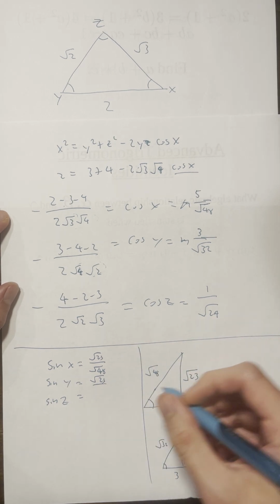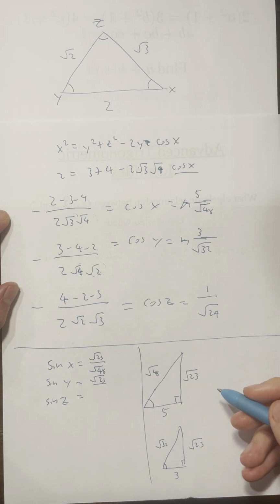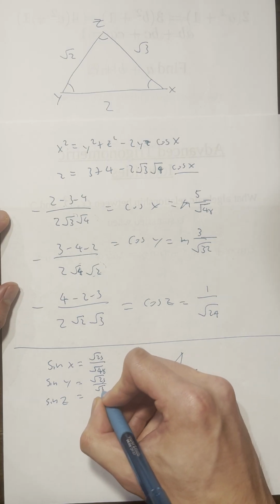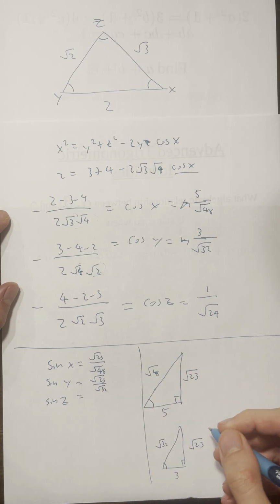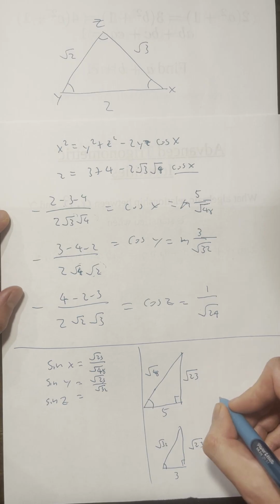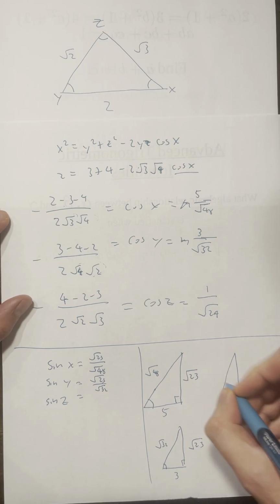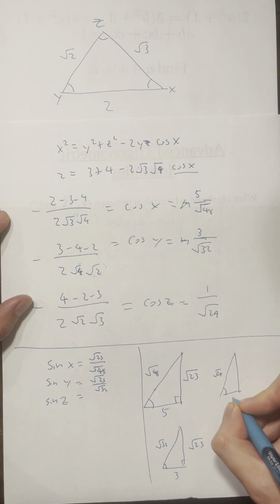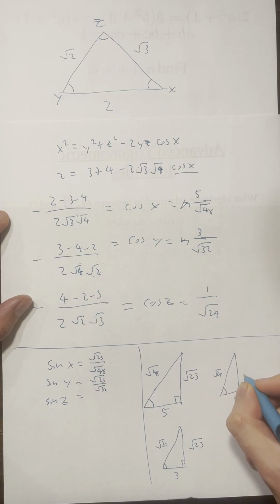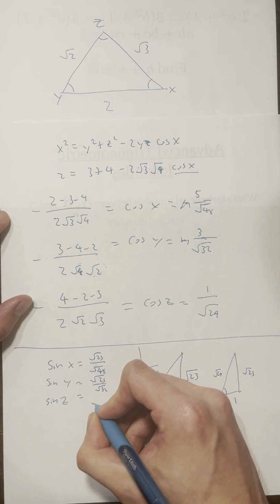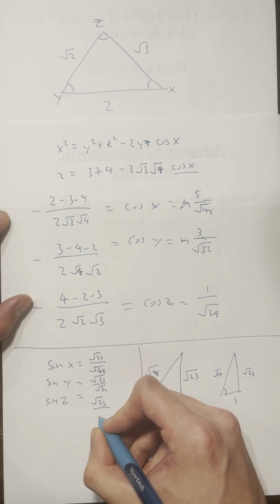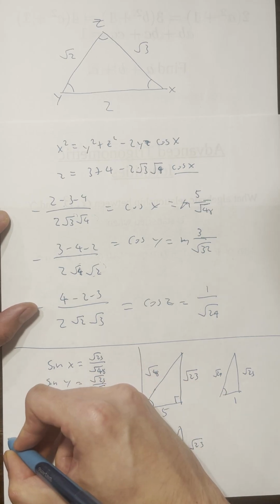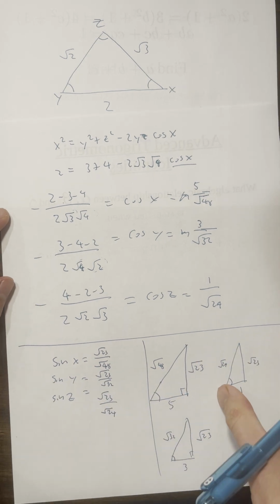So sine y is root 23 over root 32, and then sine z. Okay, root 24. This would also be root 23. Root 23 over root 24. Okay. Let's try to be a little bit cleaner here.